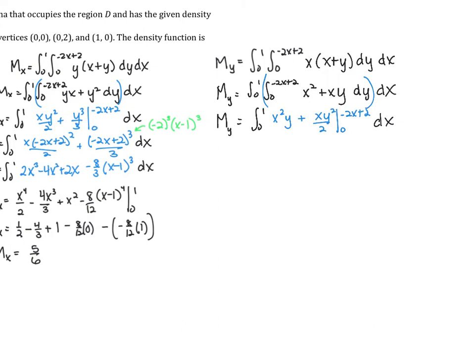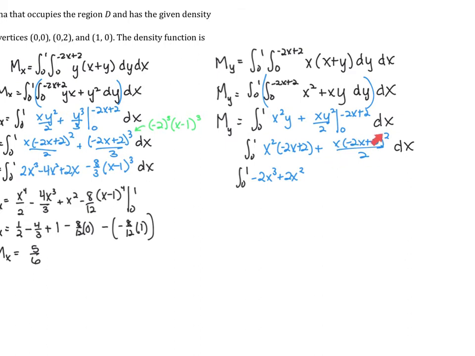Now, when I substitute in that negative 2x plus 2, we get x squared times negative 2x plus 2 plus x times negative 2x plus 2 squared over 2. And this first part we're just going to distribute in. So I get the integral from 0 to 1 of negative 2x cubed plus 2x squared.